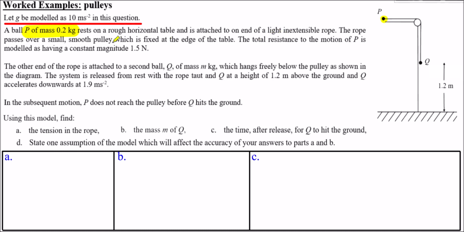It passes over a smooth pulley, which is this here, fixed on the edge of the table. We've also been told that the total resistance to the motion of P is modelled as having a constant magnitude of 1.5 newtons. So we can add in here a force on P holding it back of size 1.5.